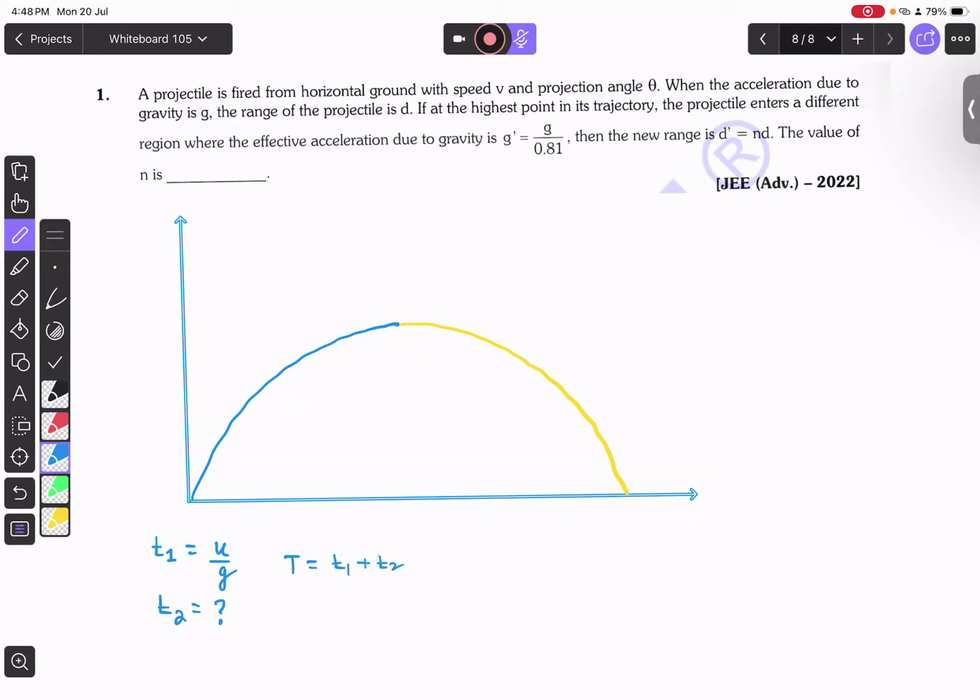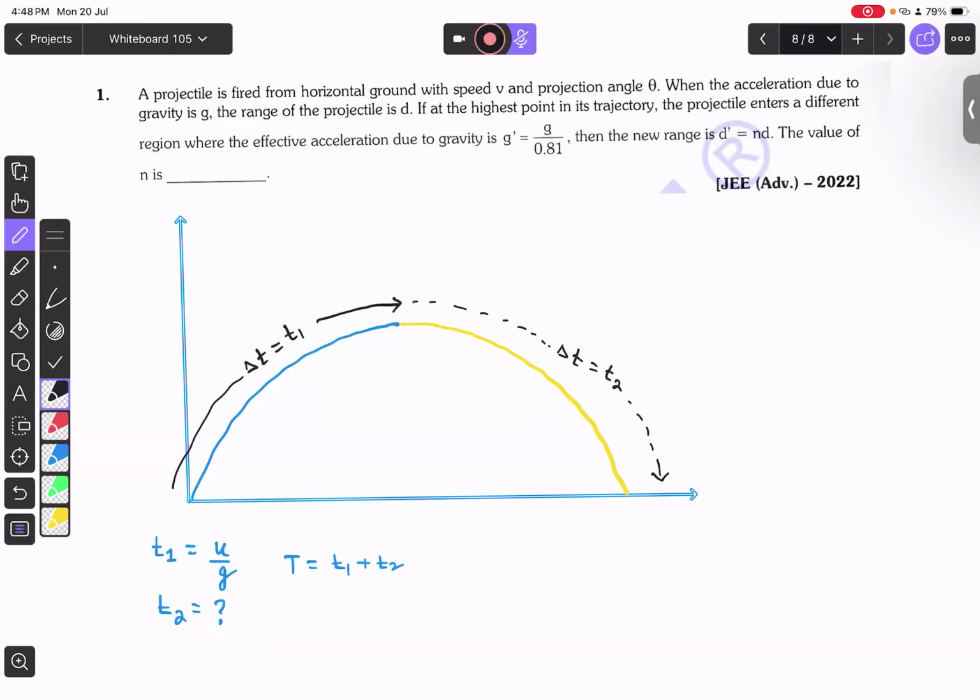I hope you understood what T1 means: T1 is the time taken to cover this blue part. T2 is the time interval to travel from maximum height to the ground level.